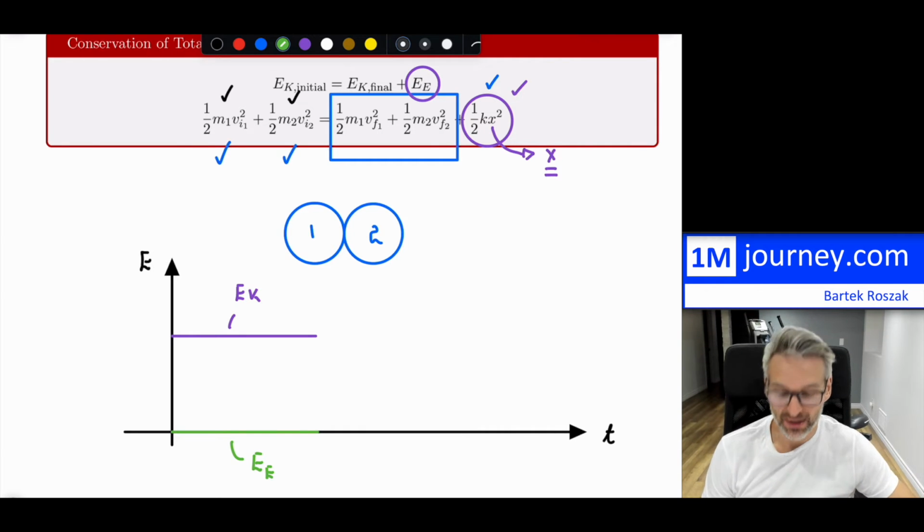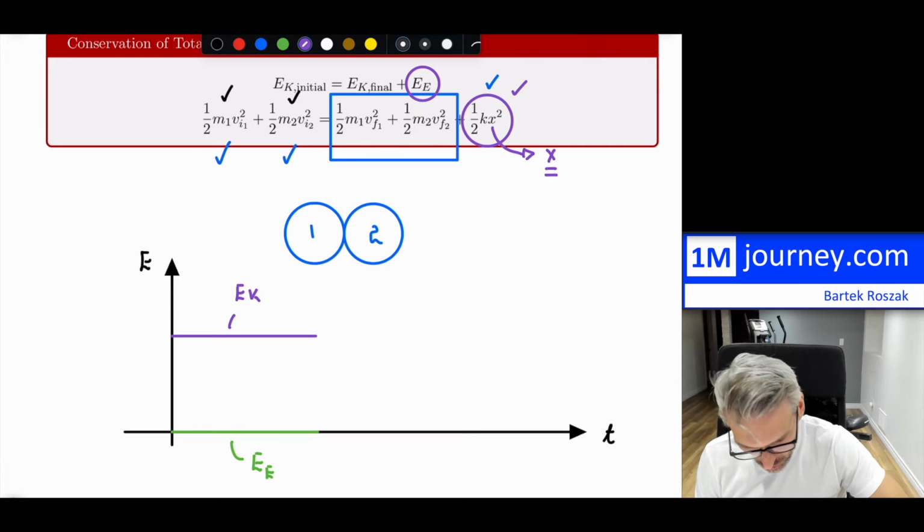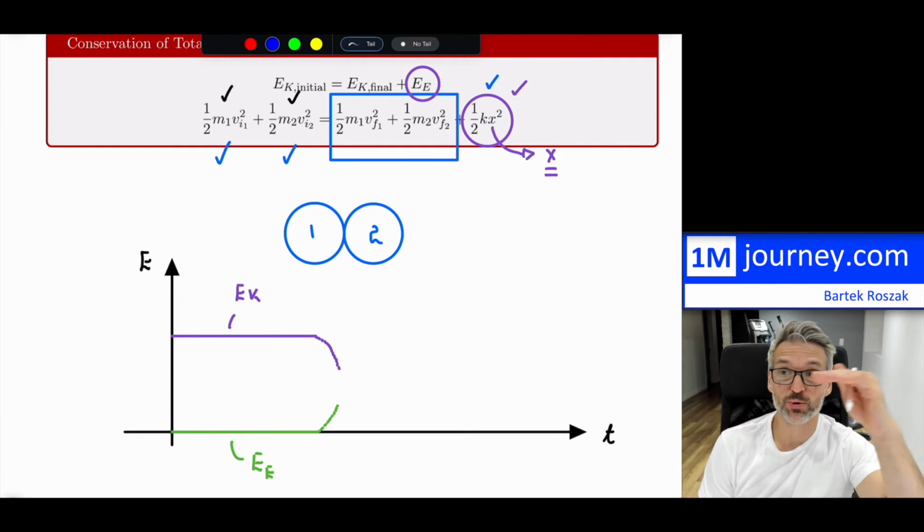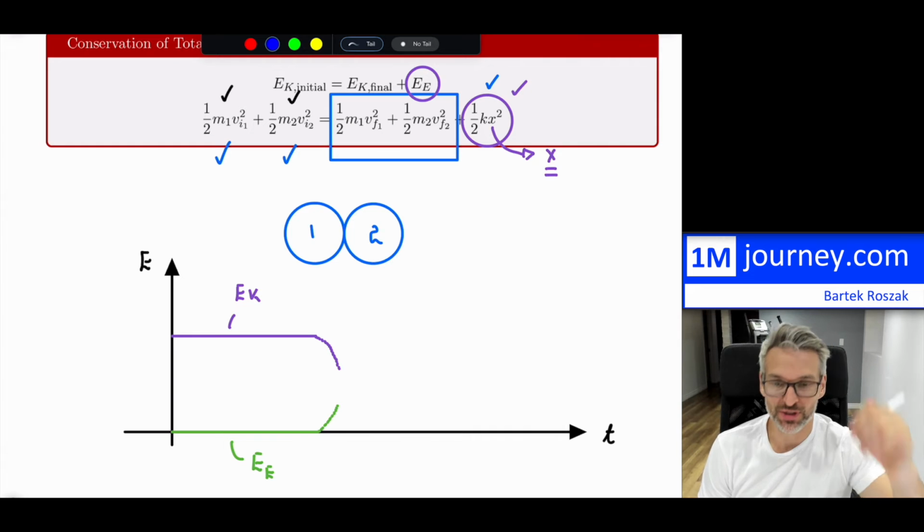Now, as it collides, it is going to start to lose some of its kinetic energy. However, as this is getting lost, the elastic energy starts to increase. And when you add both of them together, it is going to be equal to the total mechanical energy that you have.